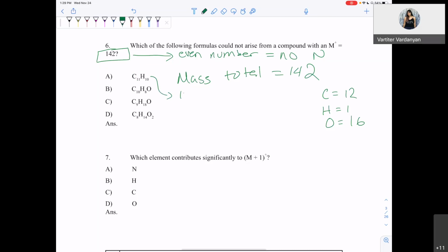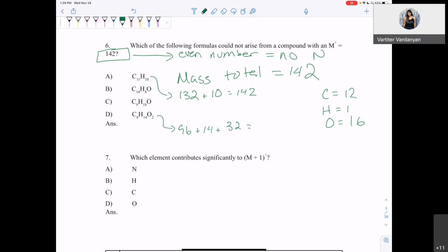So here we see 132 plus 10 because we have 10 hydrogens. That equals 142. So that works. This one, we would have 8 times 12, which is 96, plus 14, plus 32.